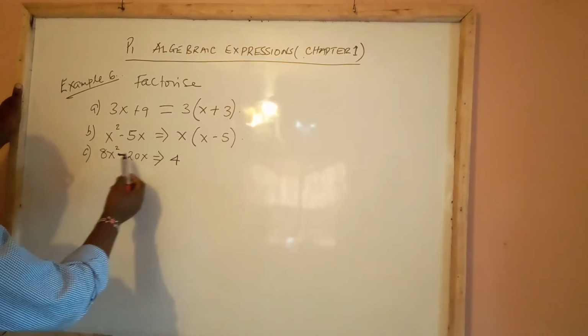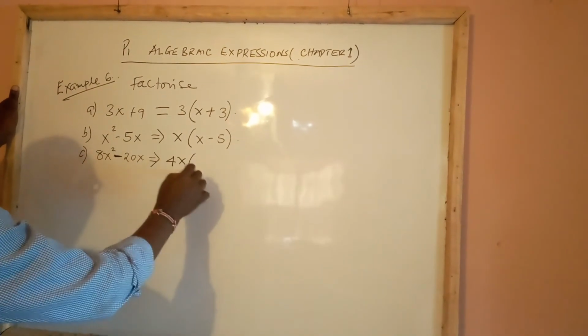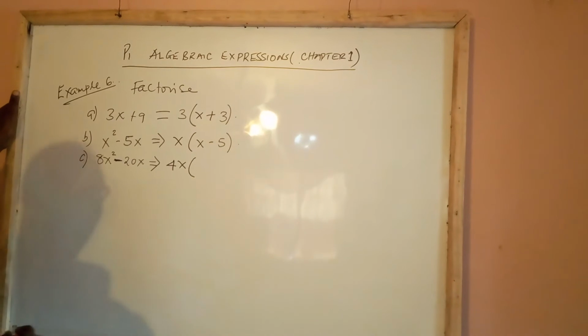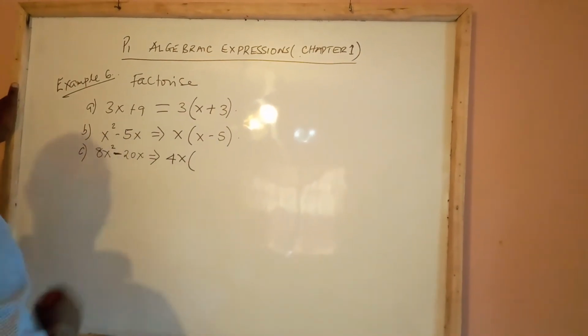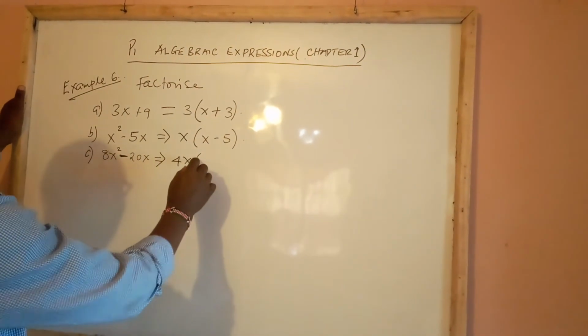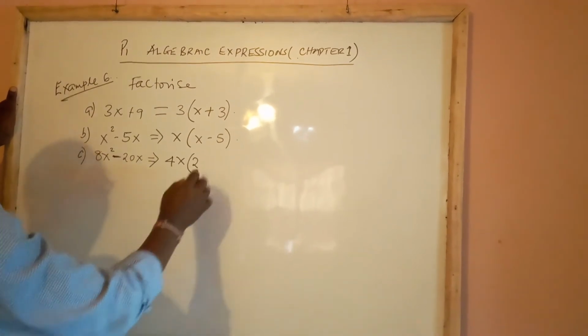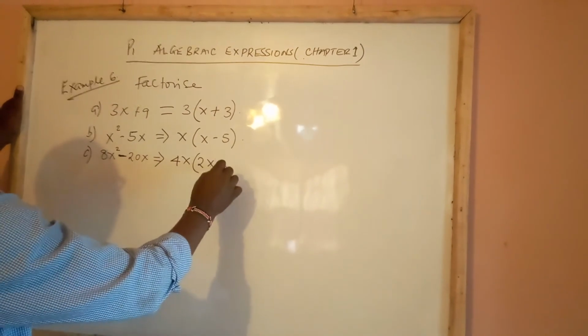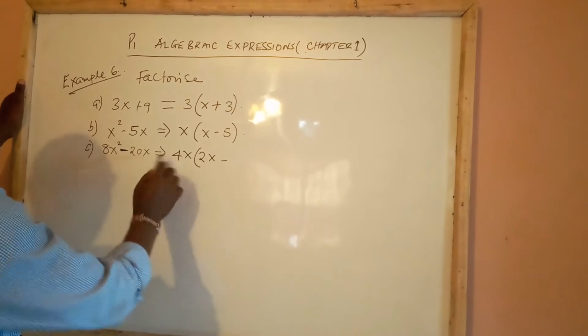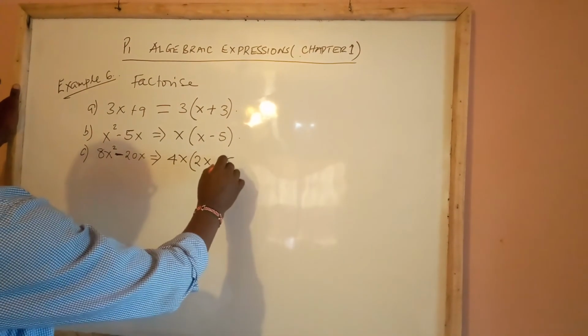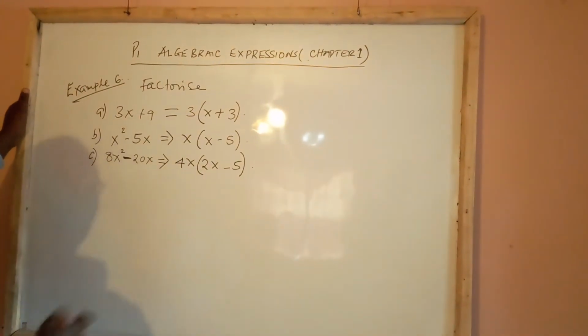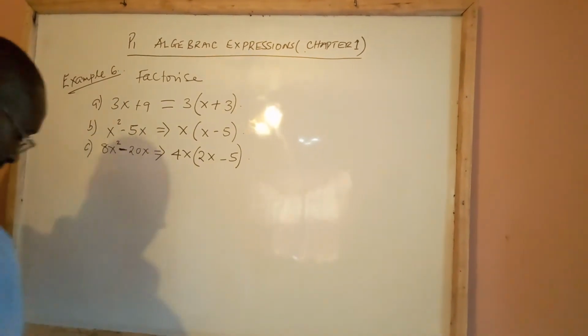Within x squared and x, x is common, so that gets outside the bracket. Inside the bracket, we have 8 divided by 4 is 2, x squared divided by x is x. Of course, 20 divided by 4 is 5, and x divided by x is 1.